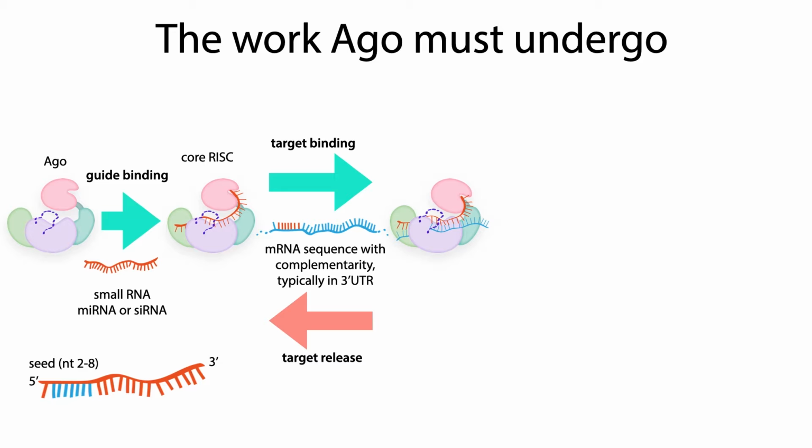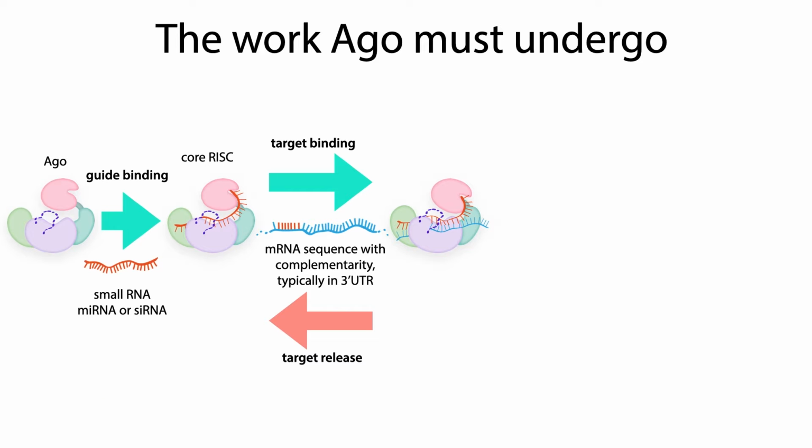These sites are typically located in the 3' UTR, and they often have additional pairing beyond the seed, especially centered around the 3' supplemental region, nucleotides 13 through 16, for reasons that we'll see in a bit.